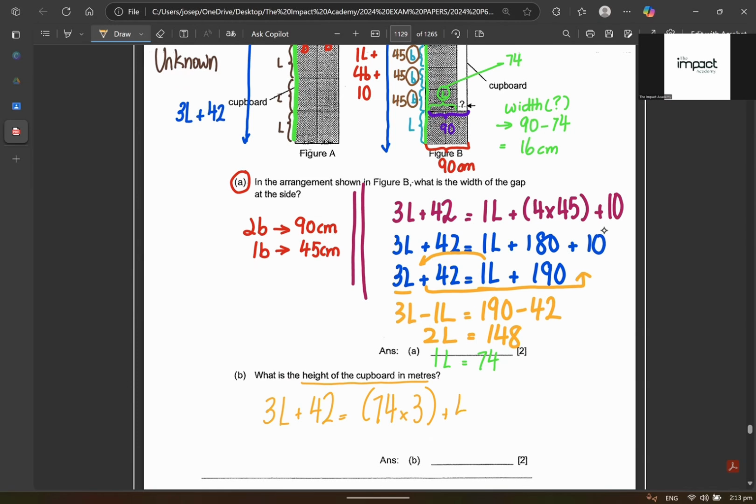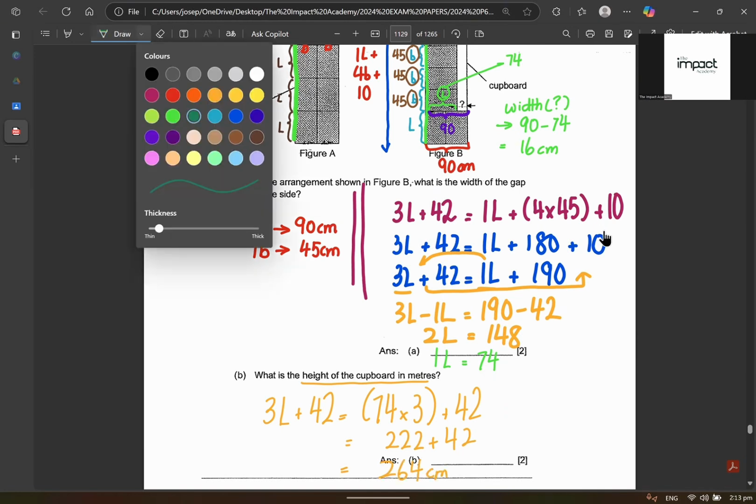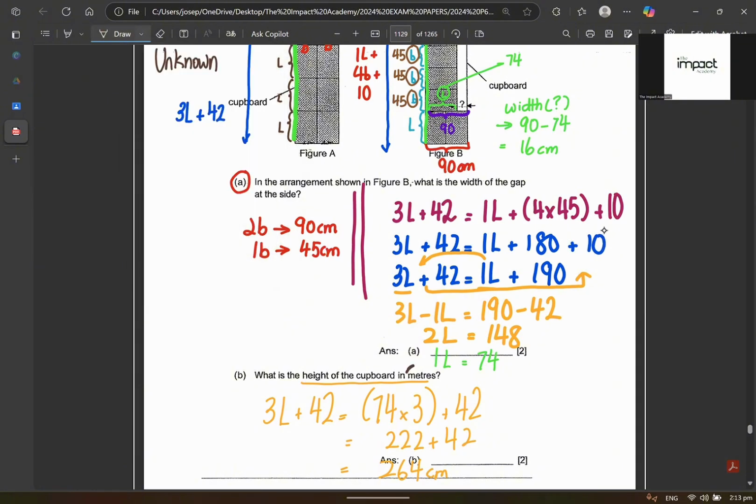Then we add 42. 74 times 3 is actually equals to 222. So 222 plus 42, we get an answer of 264 centimeters. But the question wants us to find it in meters.